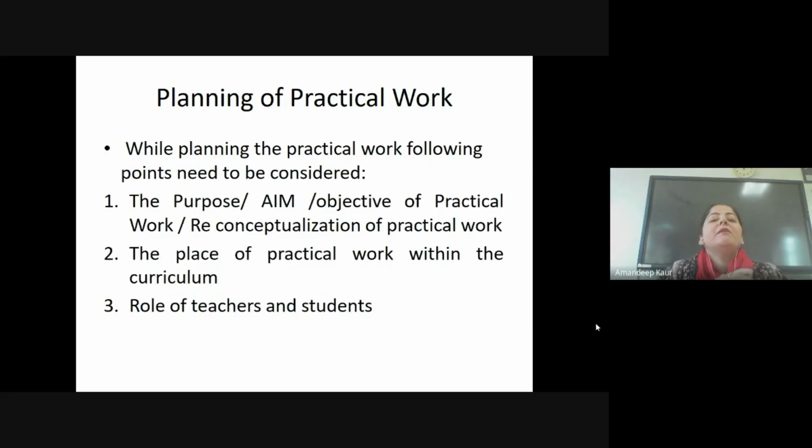While planning for the practical work, the following points need to be considered. What is the purpose of this particular practical activity? Am I going to develop something out of it, or is it just the theoretical understanding that we are going to reframe in the mind of the student? What is the aim and objective of the practical work, or if needed, the teacher needs to reconceptualize the practical activity also.